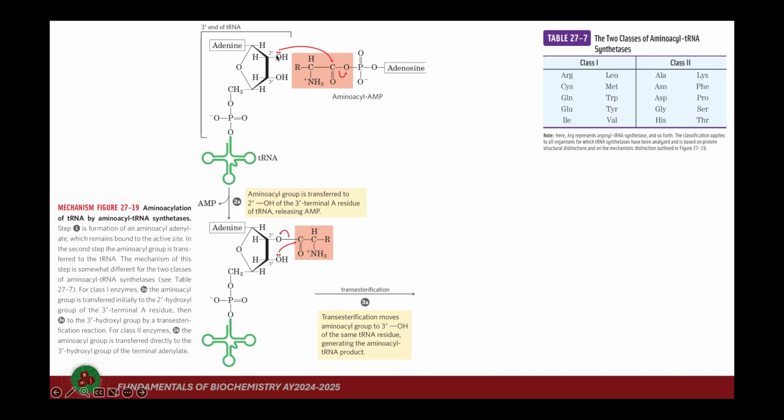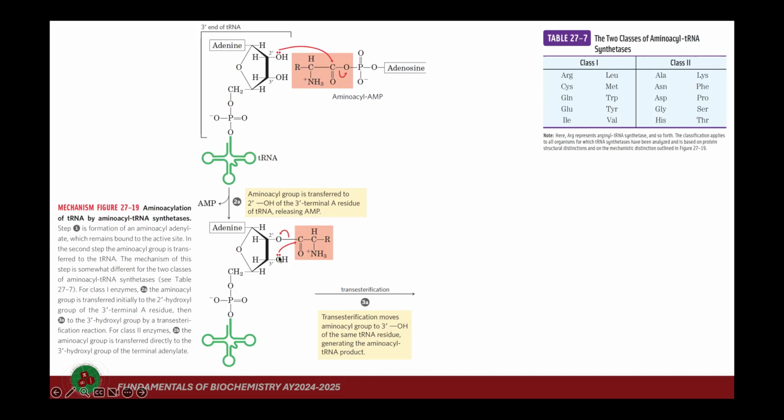For class 1, the first species that attacks is the 2' OH, but eventually it gets transferred to the 3' OH. So now your amino acid is attached to the 2' via an ester linkage.